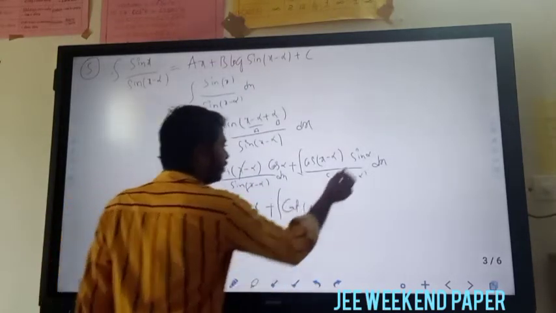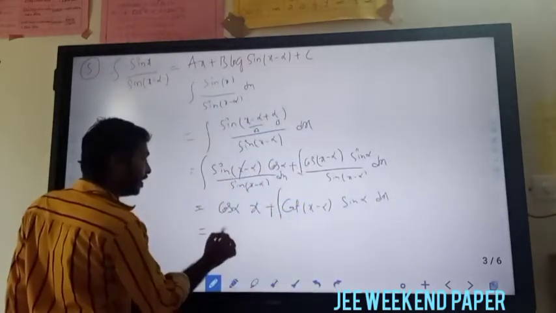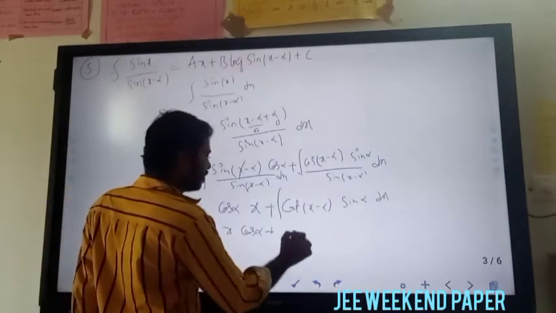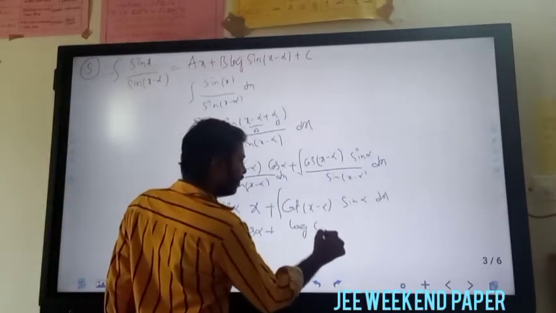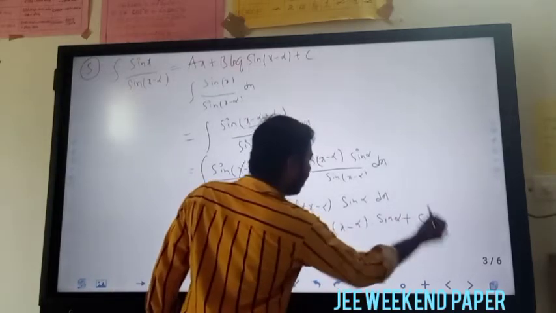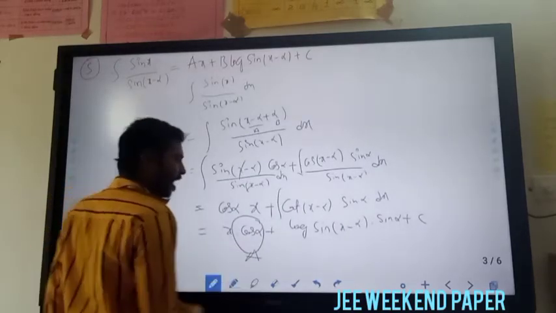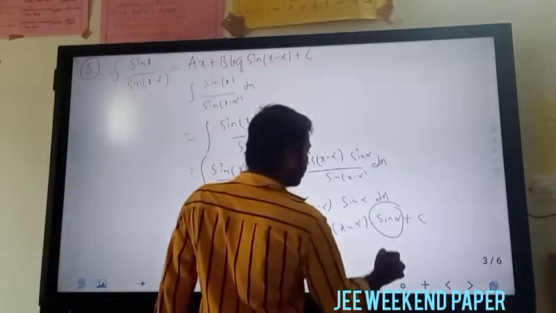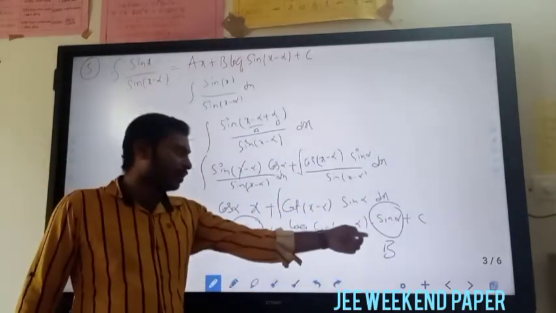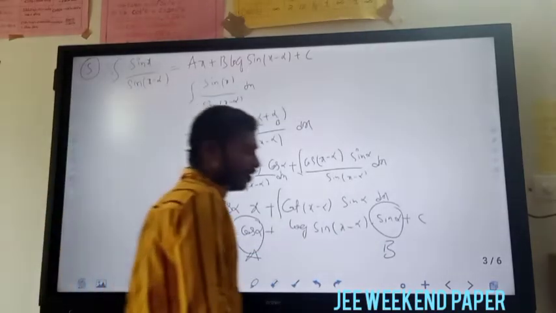Sin alpha will be constant. So x into cos alpha, plus integration of cot is log of sin of x minus alpha into sin alpha plus c. So which is the a value and which is the b value? a is cos alpha and b is sin alpha.